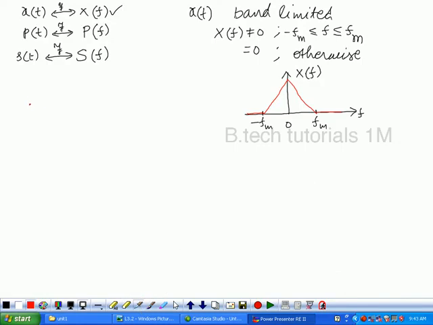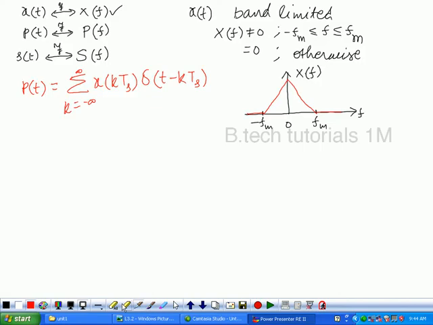Now, what is the Fourier transform of this p of t? What is p of t? p of t is equivalent to the sum over k from minus infinity to plus infinity of x of k Ts delta of t minus k Ts.